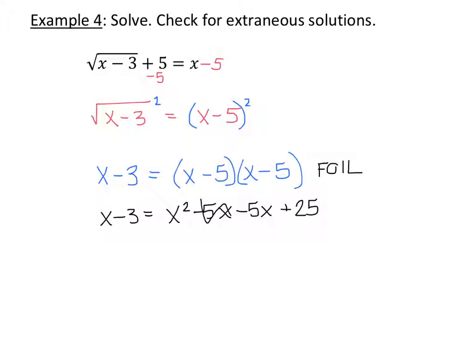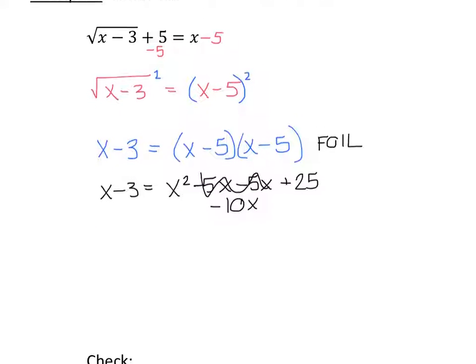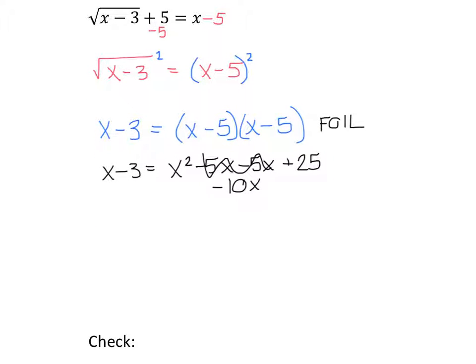Okay. Right, and I want it all on one side, so I'm actually going to subtract x and add 3 to both sides. So I'm going to end up with 0 equals x squared minus 11x plus 27.